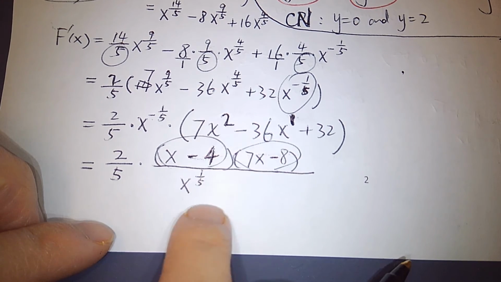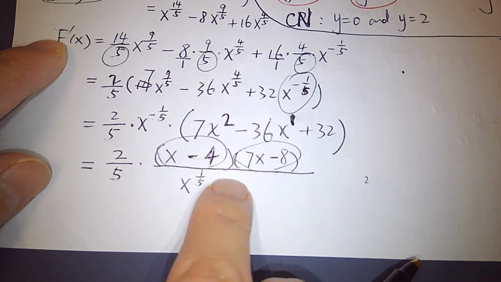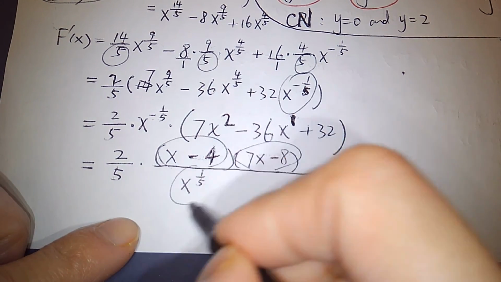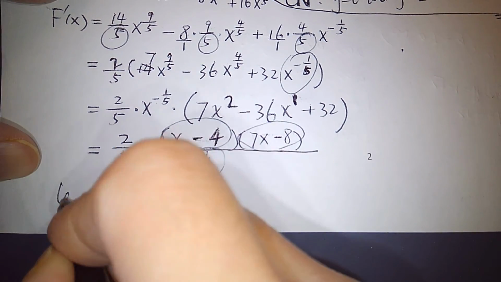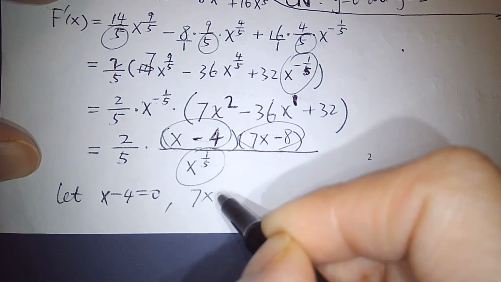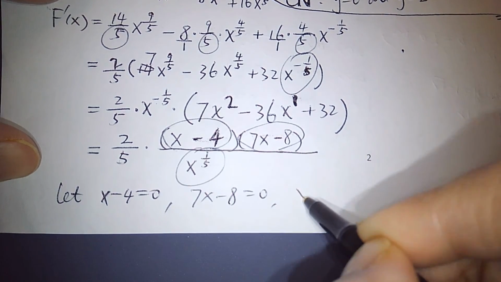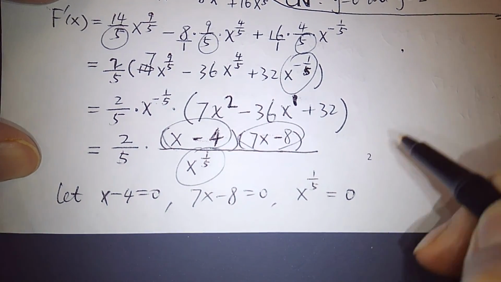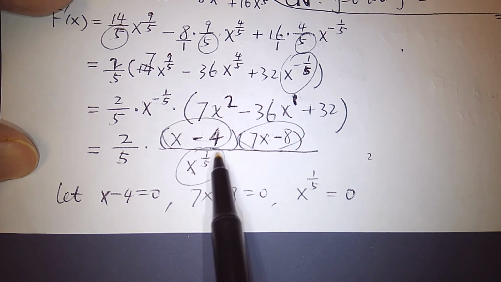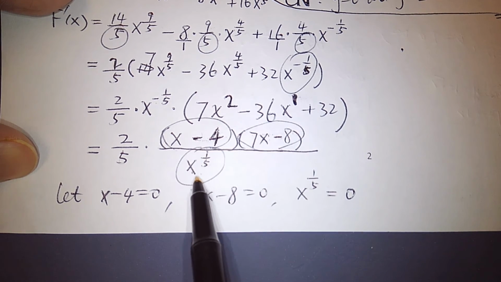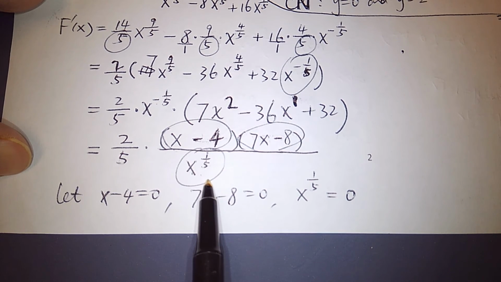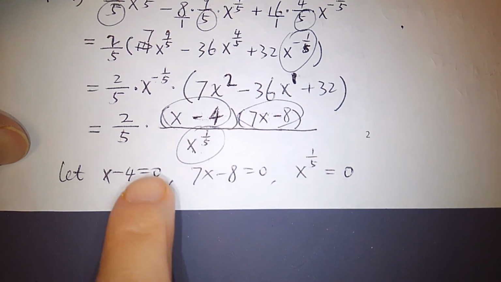How about when the derivative does not exist? The denominator must also equal 0. So we're going to let x minus 4 equals 0, 7x minus 8 equals 0, and the fifth root of x equals 0. Every possible factor on the top and the bottom, we must let them equal 0 to get the entire derivative equal 0 or undefined. So we have 3 equations.